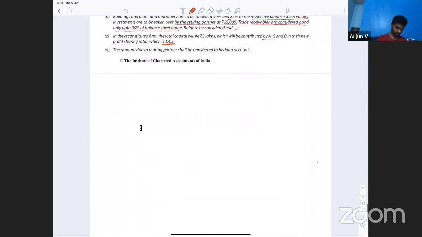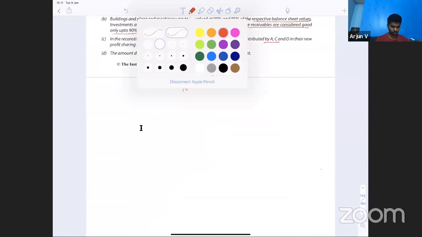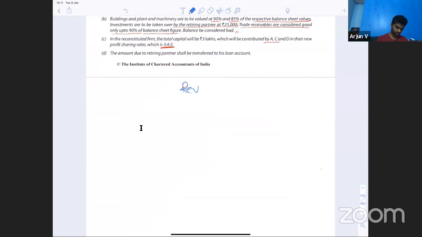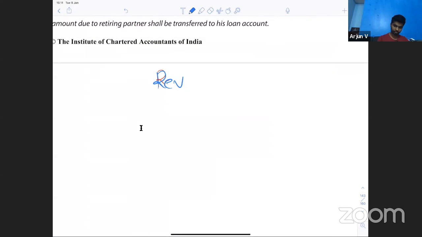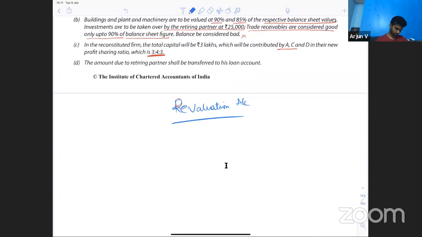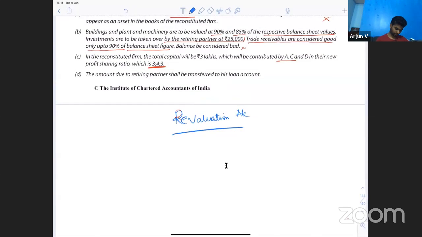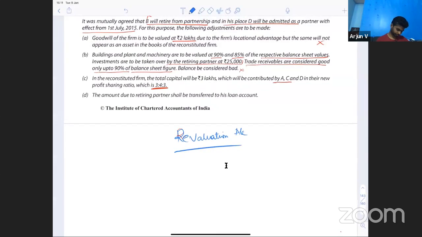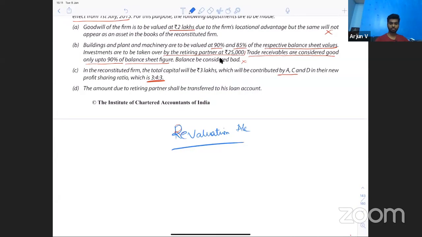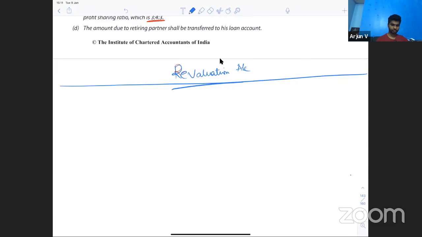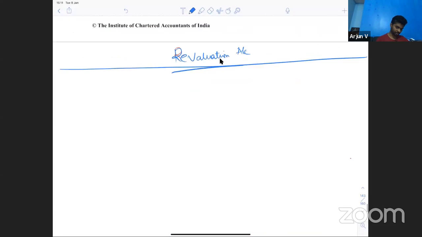So everyone do the revaluation account. Buildings to be valued at 90%.